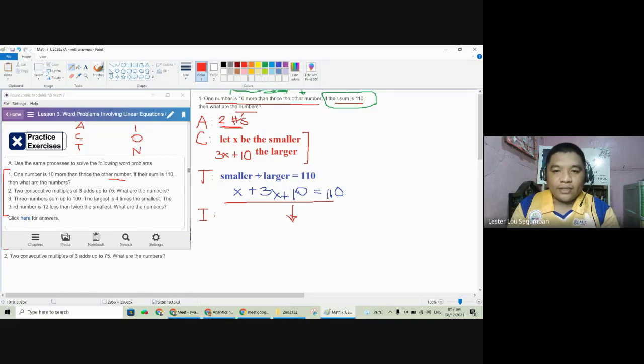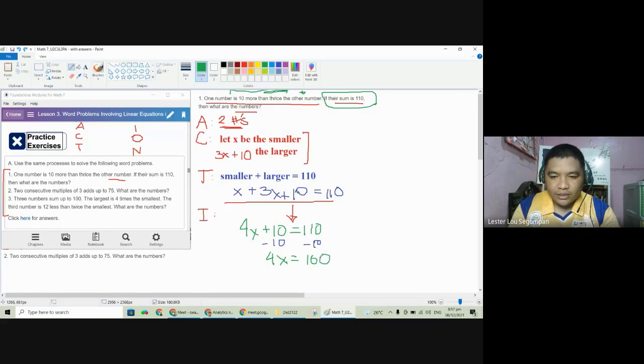We could start with adding these two terms here, for they are like terms, since they do have the same variable x. So you will have 4x plus 10 is equal to 110. Going forward, you will have to subtract 10 from both sides, and you will get 4x is equal to 100.